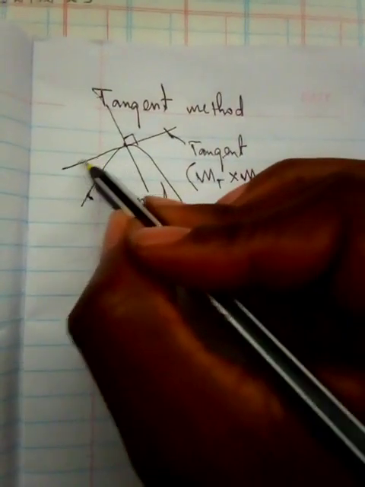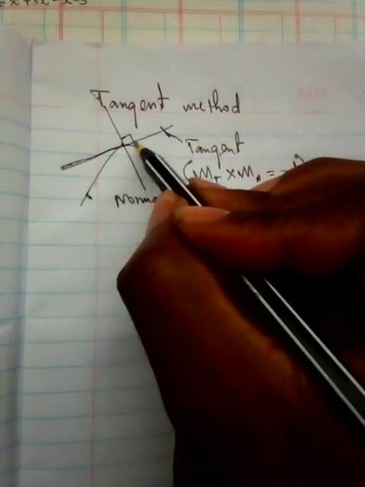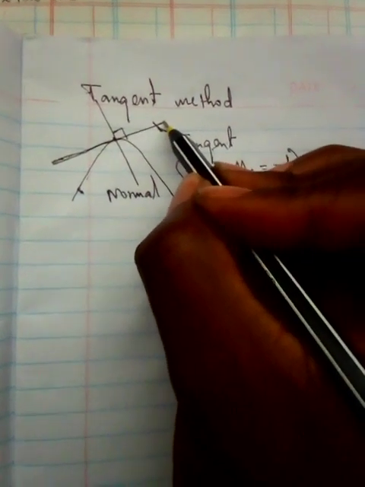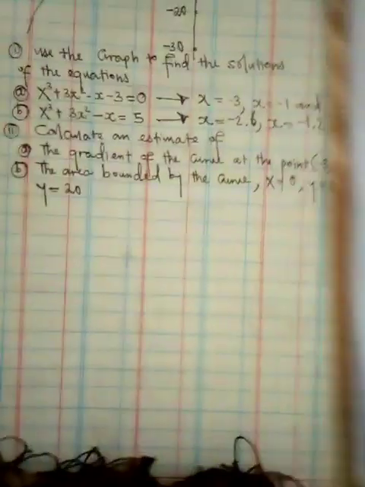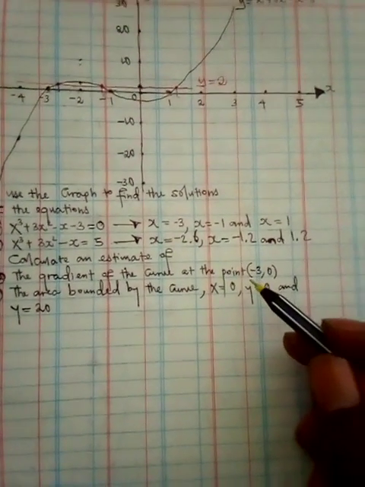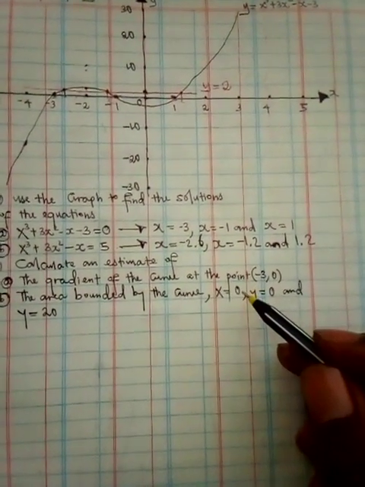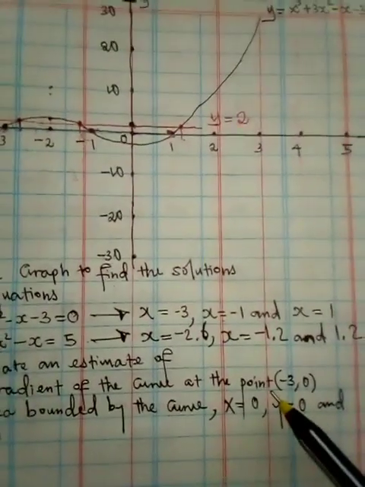But for now, just know that the tangent is that line which meets the curve or a circle at one point only. So here we have been given -3, 0. It's very important that you locate where this point is.